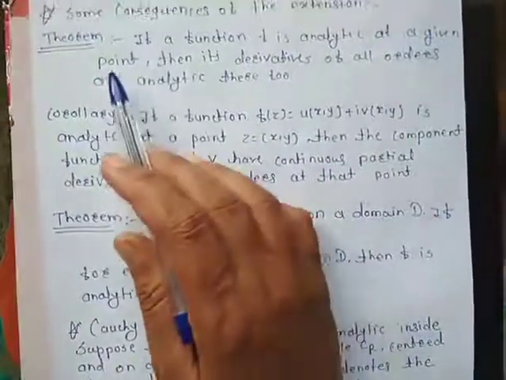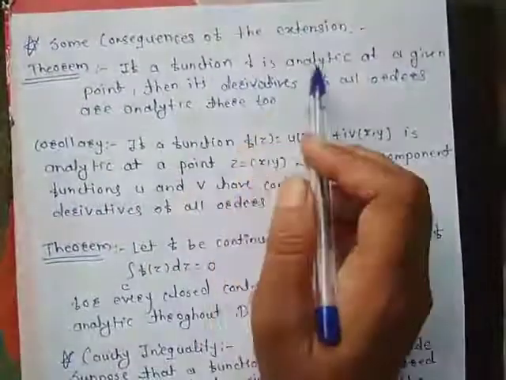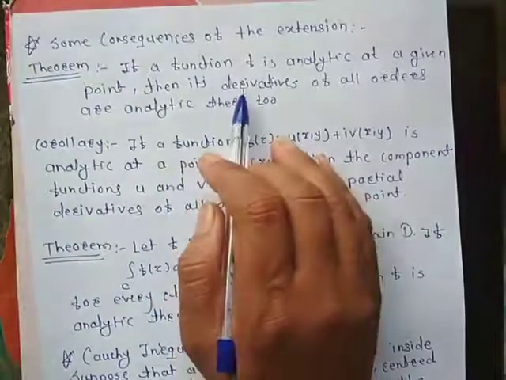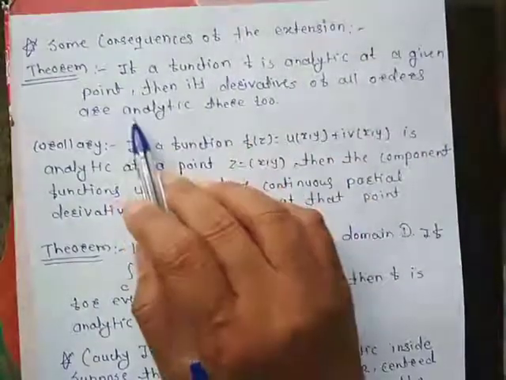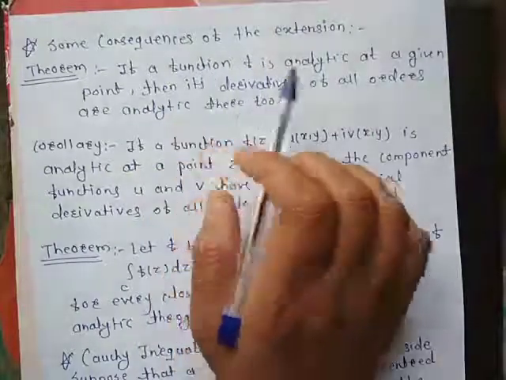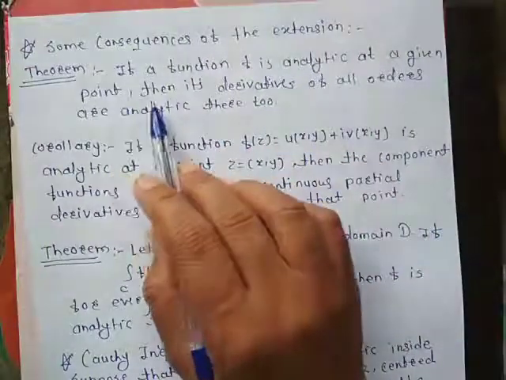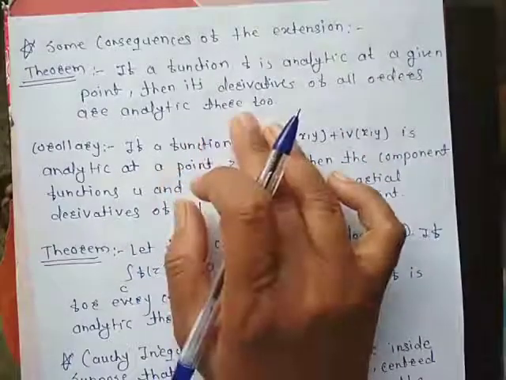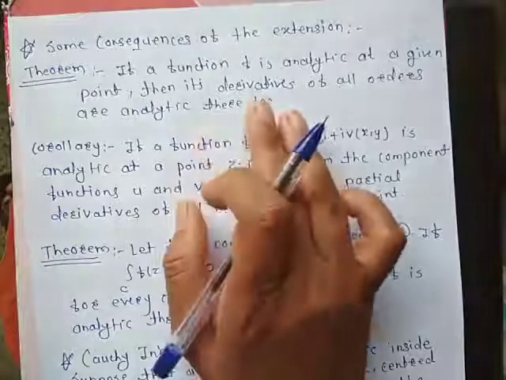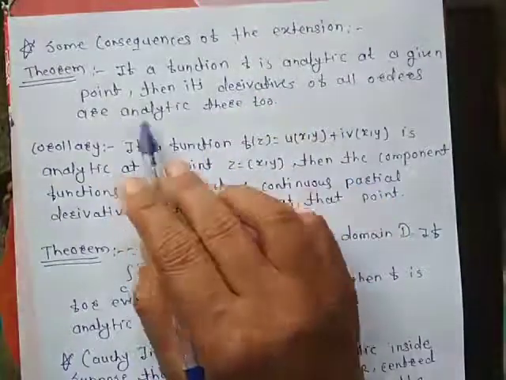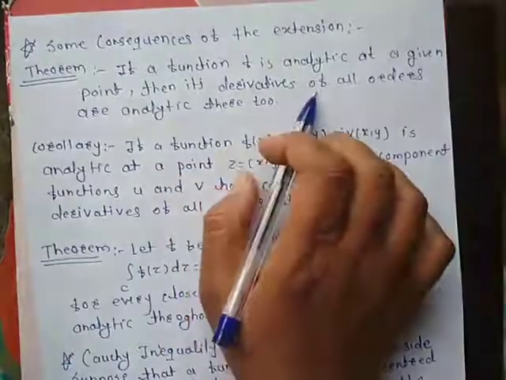Theorem: if a function f is analytic at a given point, then its derivatives of all orders are analytic there too. Suppose f has derivatives of order 3, 2; they are all analytic there too.